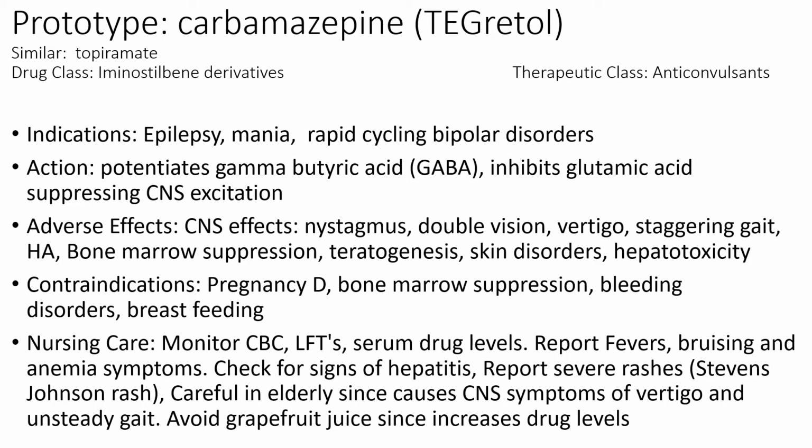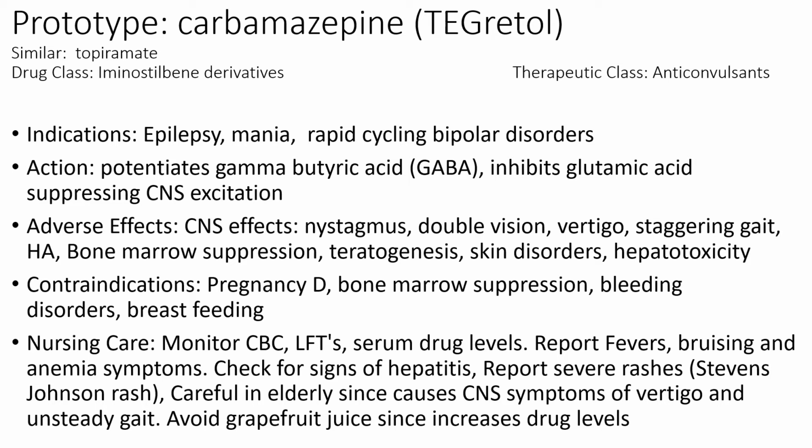We definitely check liver function tests with carbamazepine because it can cause hepatitis. Okay, and what would be the symptoms of that? Yellowing of the skin or of the sclera of the eye, right upper quadrant pain, nausea, fatigue, can be signs of hepatotoxicity on carbamazepine. Okay, so that needs monitoring as well.